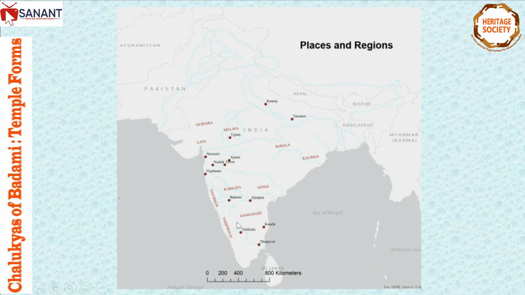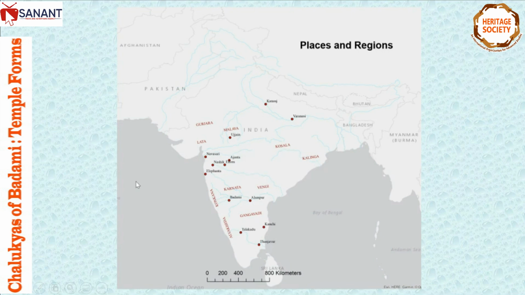It is an area which is exposed not only to the region north of the Godavari, which comprises the region of Ajanta, Ellora, etc. And beyond the Narmada River here, we have the region of Malwa, with Ujjain as the center. The Lata region is there. And to the east, you have the Koshala region, and even the Kalinga region.